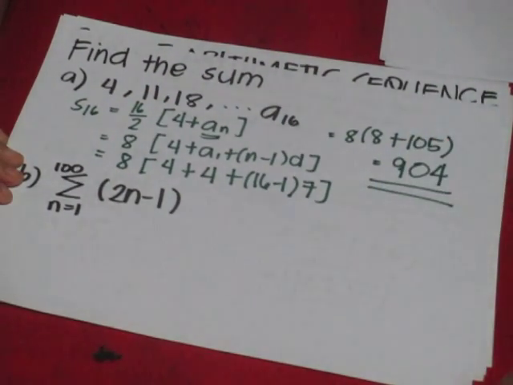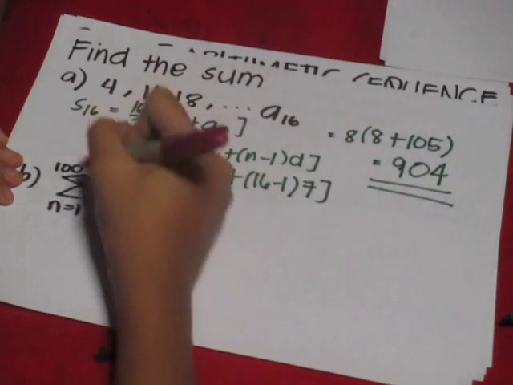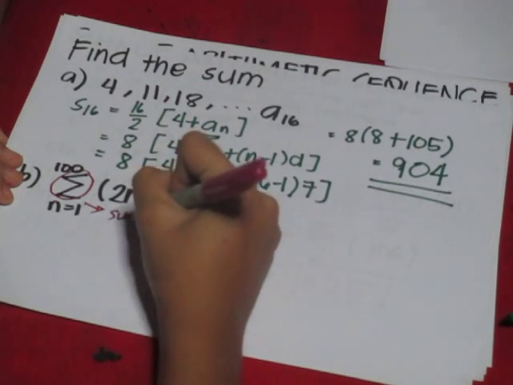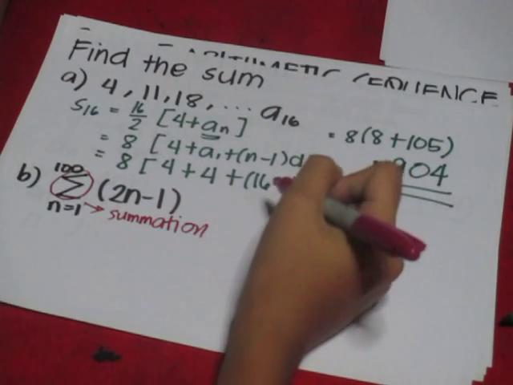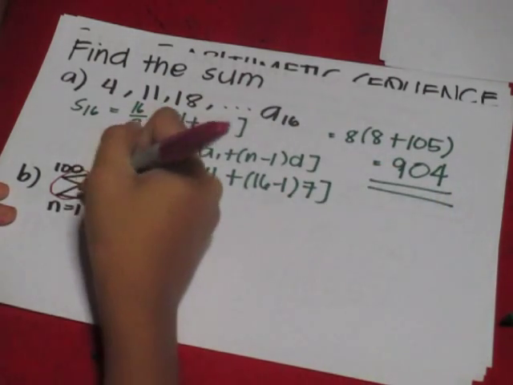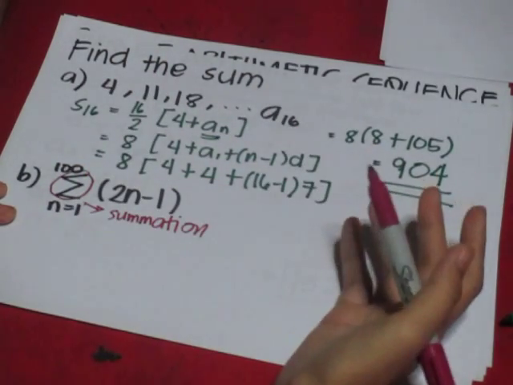Next, there's another symbol for you to know if you're going to take the sum of a specific equation in a given n. So this is what we call a sigma, and it stands for the summation of a certain equation.